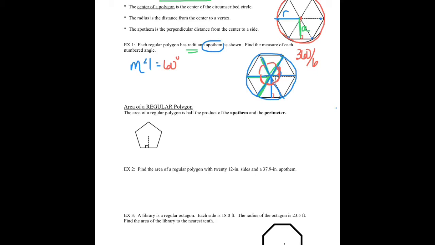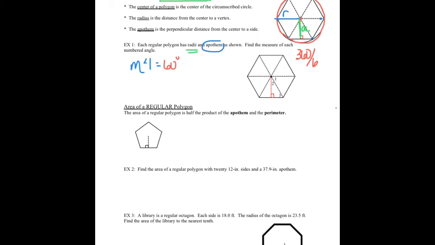Well, hopefully you also remember that a regular hexagon is comprised of 6 equilateral triangles. But if you did not remember that, you could look at this.